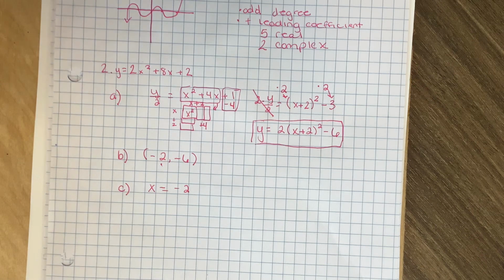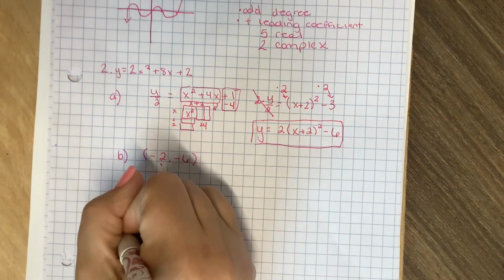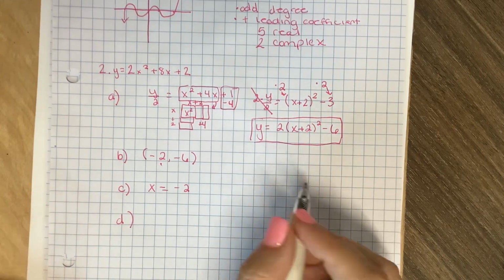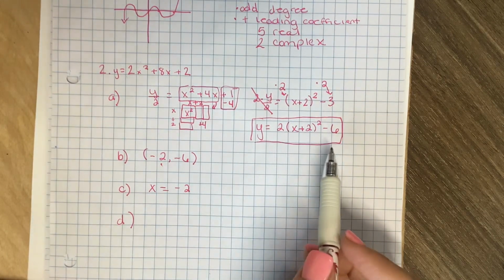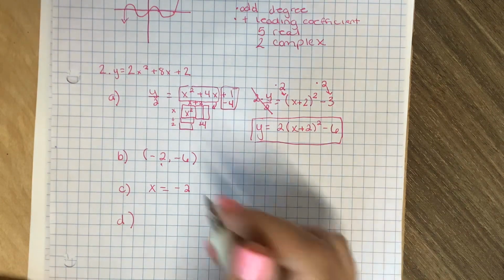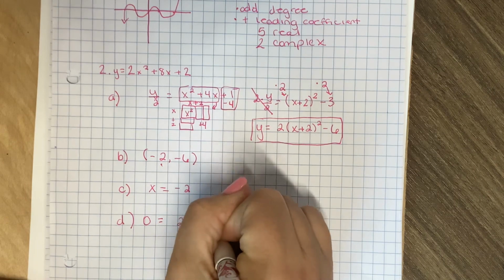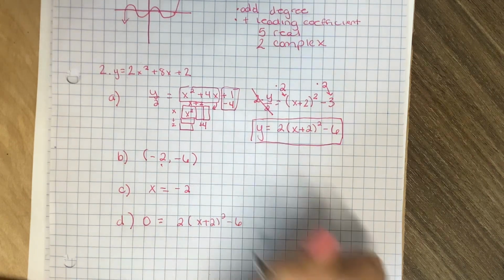Real or complex roots. In order to know from this form if I have real or complex roots, I have to solve for y equals 0 and solve for x. So real or complex roots, which would be our D. So now that it's in graphing form, to find our real or complex roots, I do 0 equals 2 times x plus 2 squared minus 6.